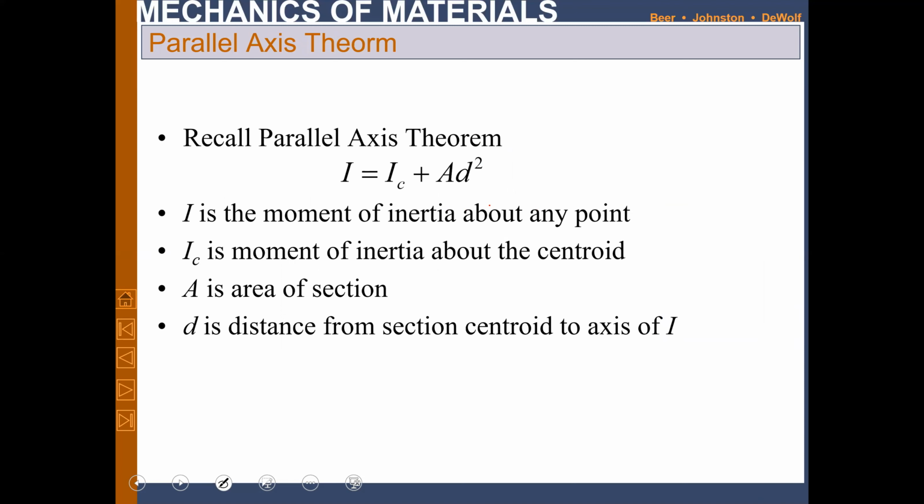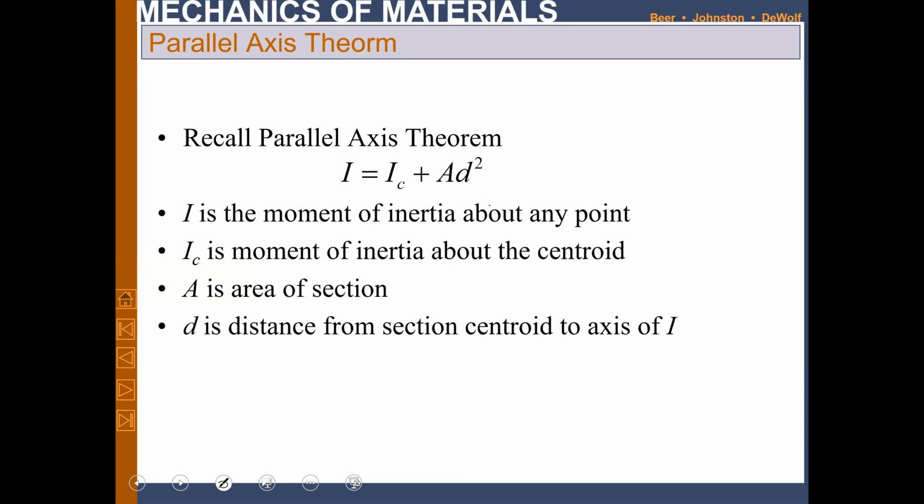And then we use the parallel axis theorem. Parallel axis theorem is primarily used when we don't want to calculate I about the centroid. Means if you want to calculate any I at any point other than the centroid, then you have to use the parallel axis theorem. So we will use it in one of the numerical examples as well.